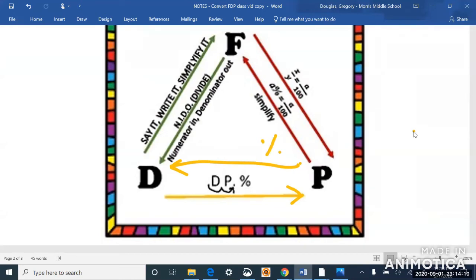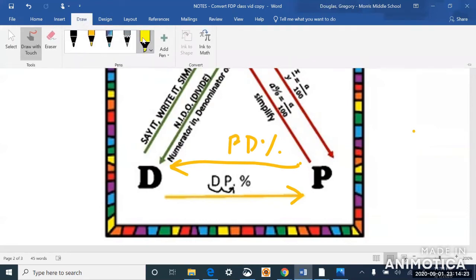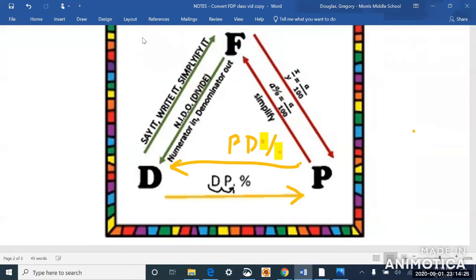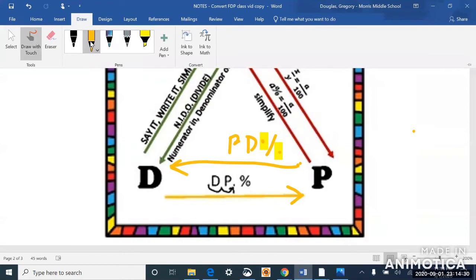So if you're starting with the percent, so let's say we have percent to decimal, okay? I'm trying to go from percent to decimal. I did this earlier, I see 2 dots. I'm going to move the decimal 2 spots, okay?